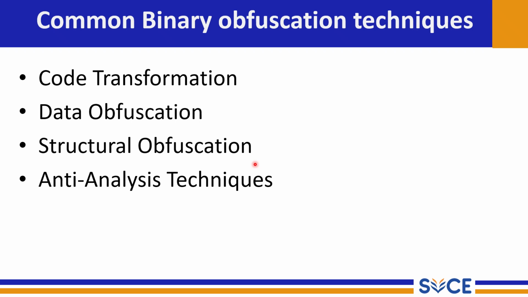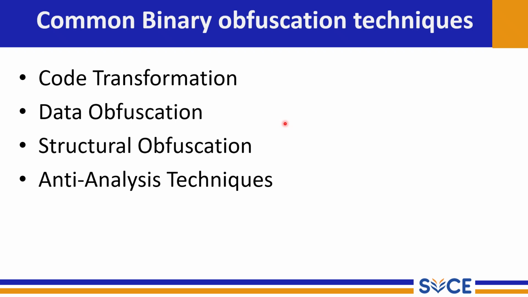And second one, data obfuscation. So here in data obfuscation, there are two methods. First of all, string encryption. So encrypting sensitive strings within the binary and decrypting them only at runtime, preventing static analysis from easily extracting them. And next, data encoding or decomposition.